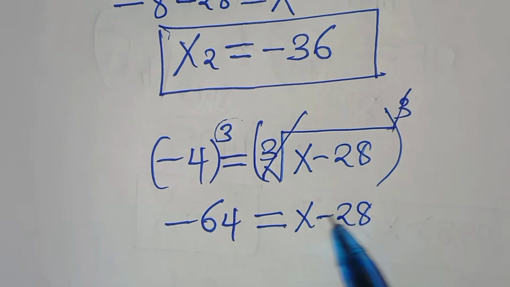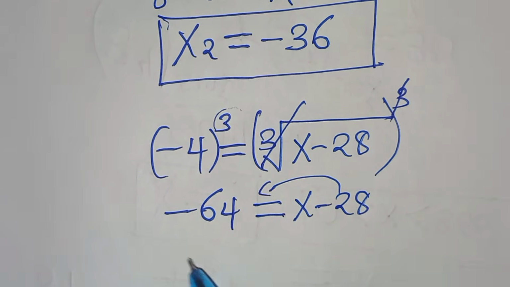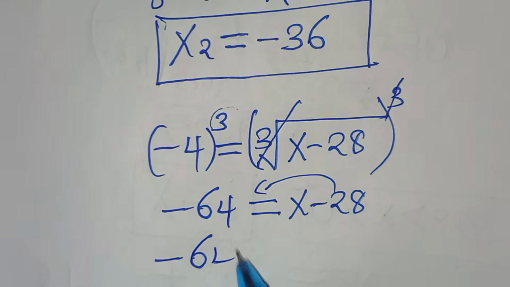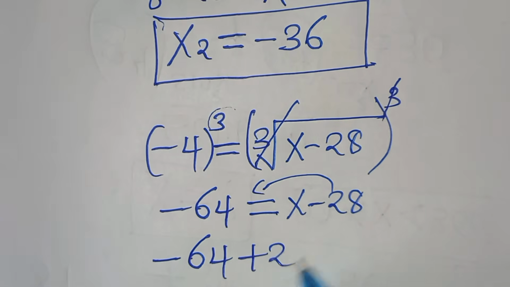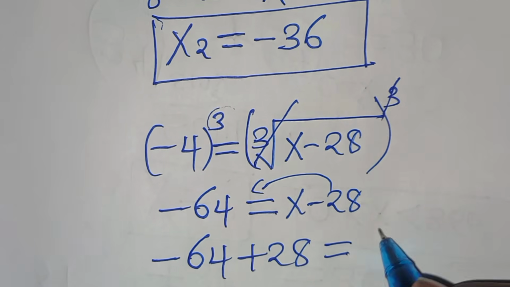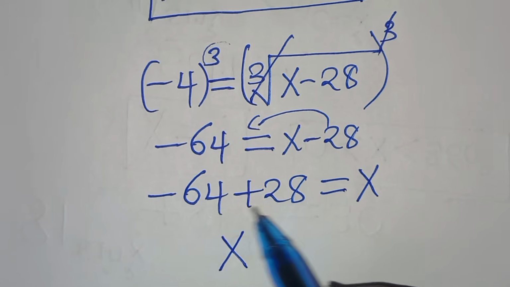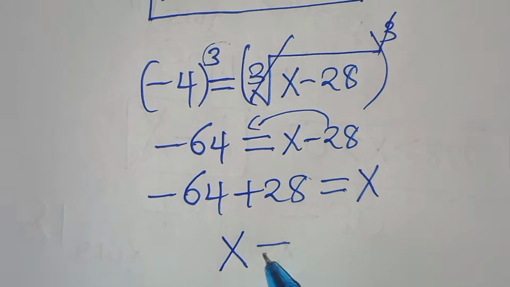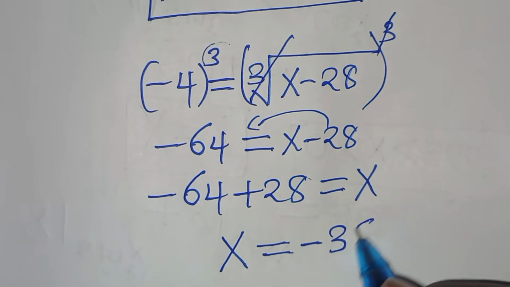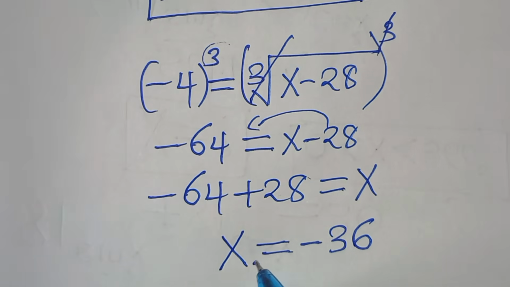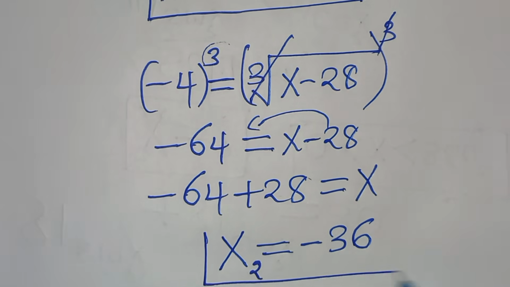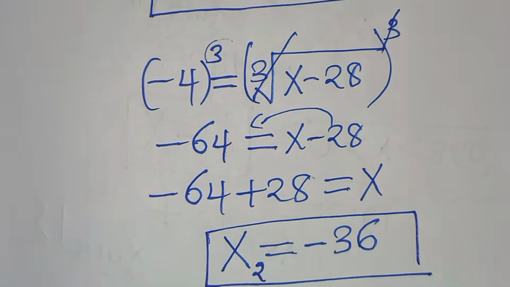Now let's take negative 28 to the left hand side. This means we have negative 64 plus 28 equal to x. And this means that x is equal to negative 64 plus 28, and this is equal to negative 36. So this means that x2 is equal to negative 36.